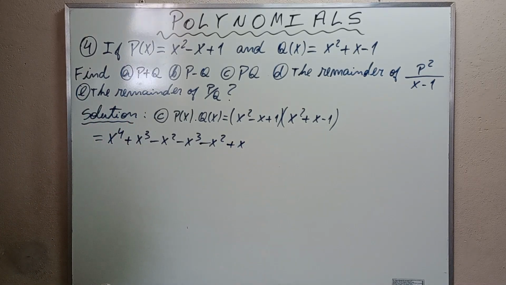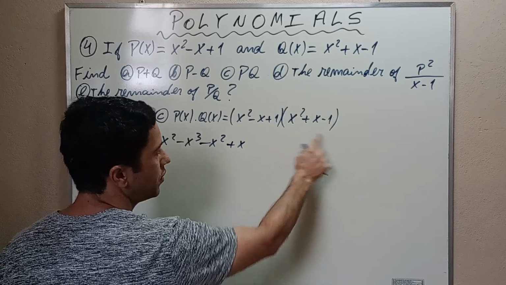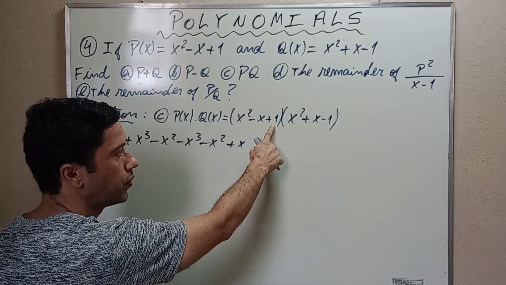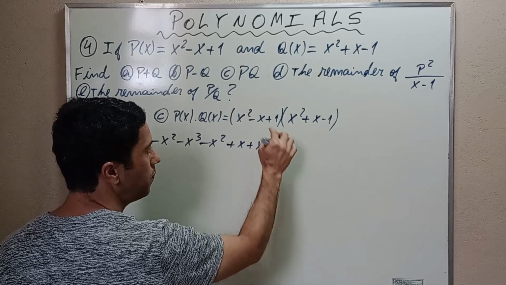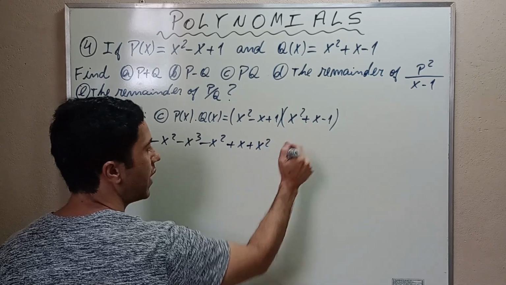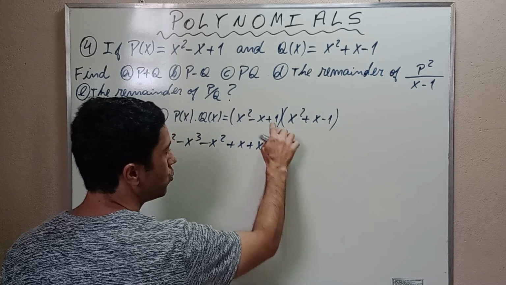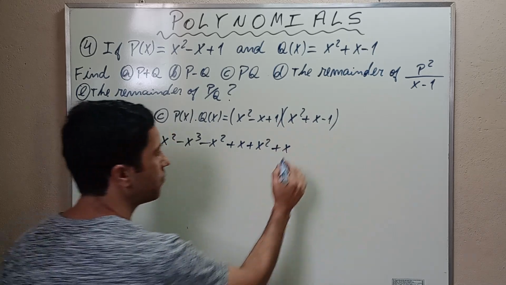Lastly, we multiply every term by 1. 1 times x squared is x squared, 1 times x is x, and 1 times negative 1 is negative 1.